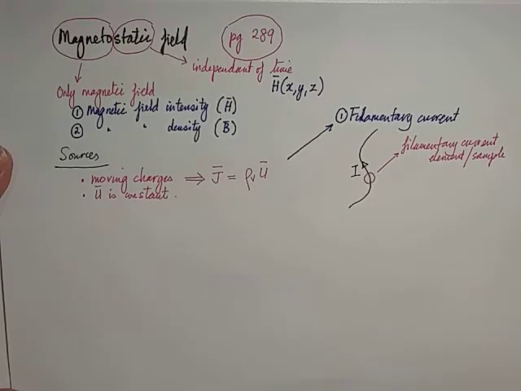So we have to represent a mathematical model for it. What is going to be the equation to represent our sample for a filamentary current?